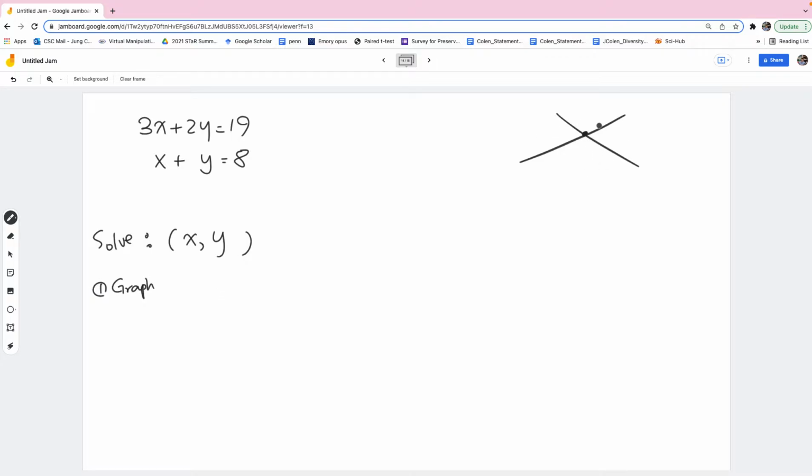You can approximate the answer, but not exact. So be careful, okay? Two, you can use substitution method. Third, you can use elimination method. Okay, so briefly, let's talk about this.